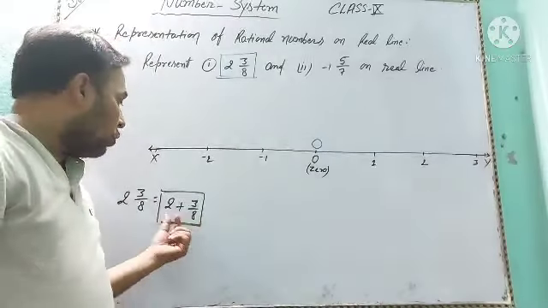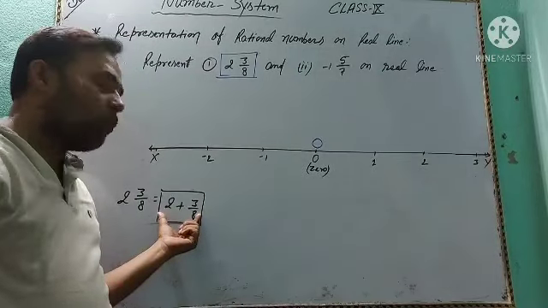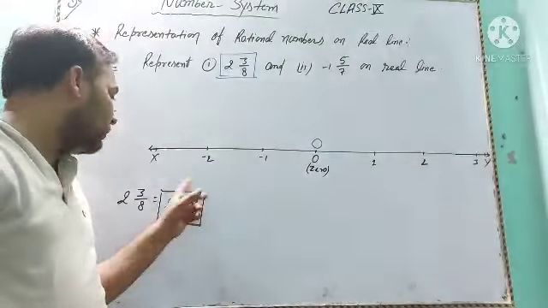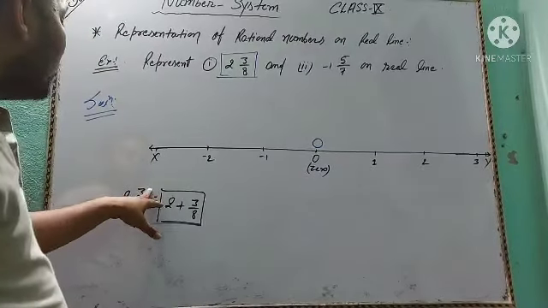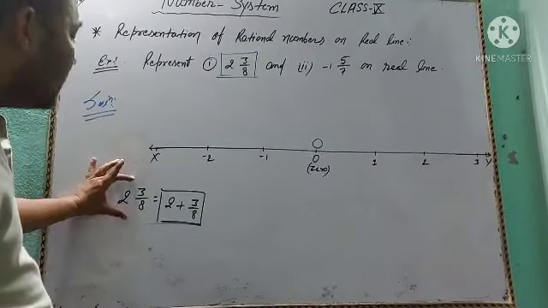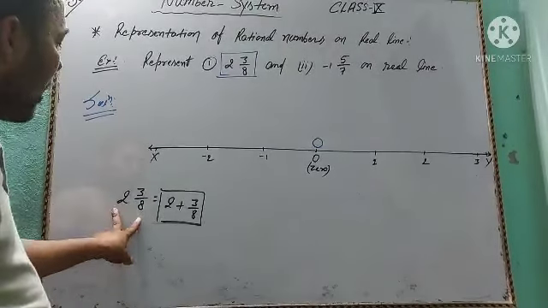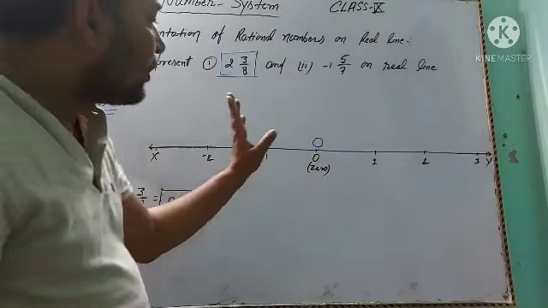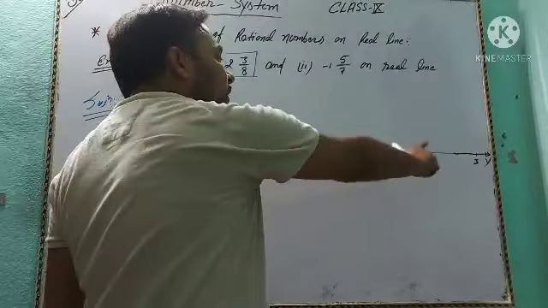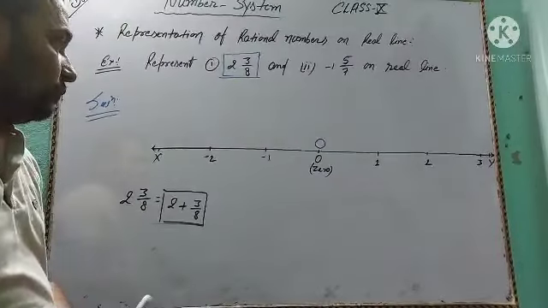First of all, 2 upon 3 by 8 is a positive number plus a positive number, so 2 upon 3 by 8 lies on the right side of 0.